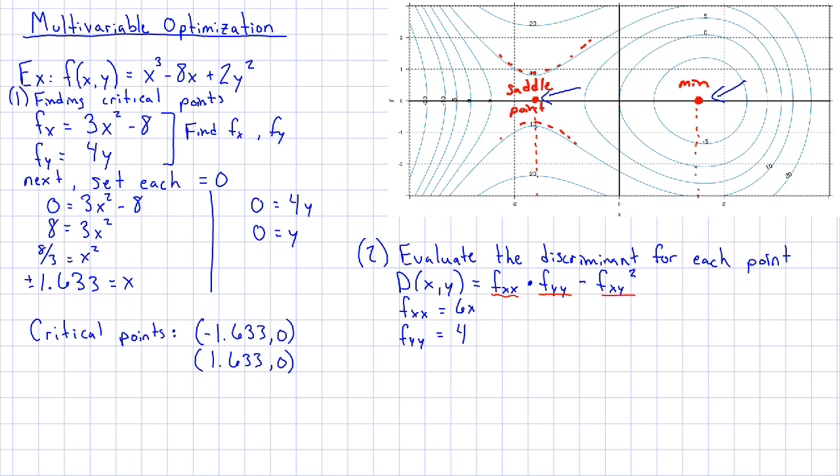And then I'm looking for fxy. You can actually do either of them. For smooth functions, they will end up being the same thing. So you could either take the derivative with respect to this f sub x and take its derivative with respect to y, or you can look at f sub y and take its derivative with respect to x. Either one will get you the same answer.